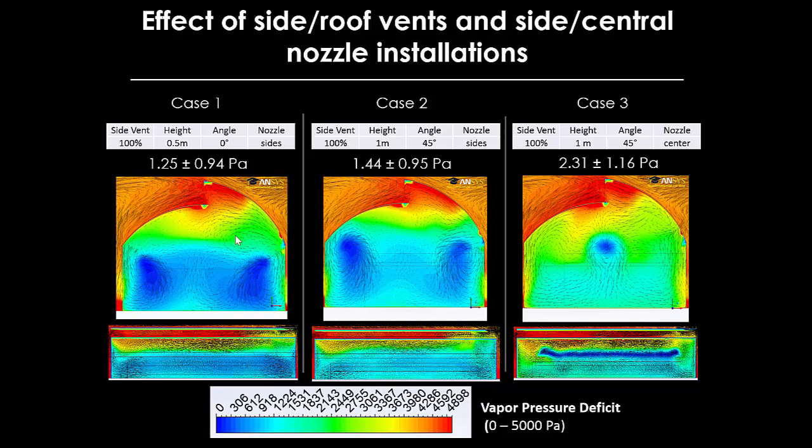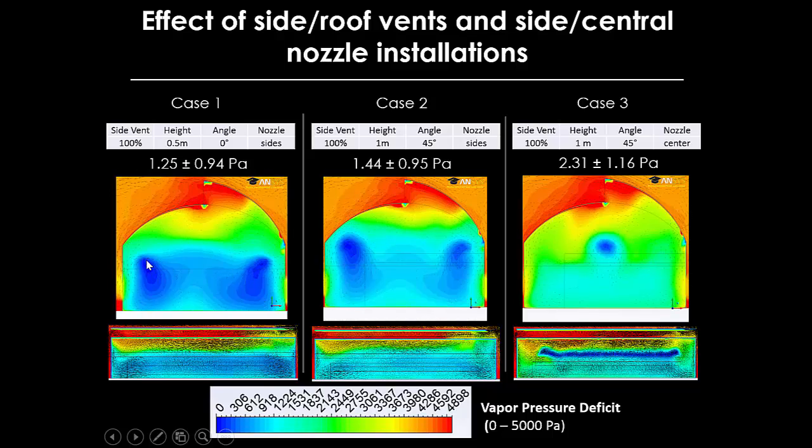In this example of a CFD model, we are looking at the result of using a high pressure fogging system with a nozzle at the center of the greenhouse at a given height, in this case 1 meter, versus nozzles located on the side of the greenhouse at two different heights, in this case 1 meter and 0.5 meter above the crop canopy.